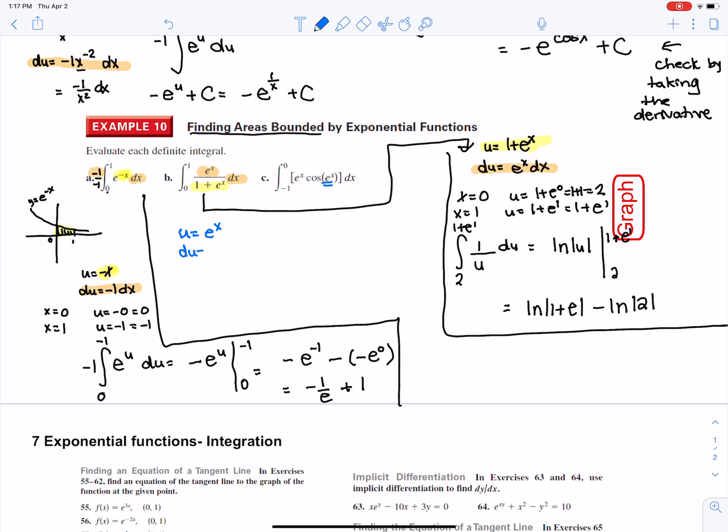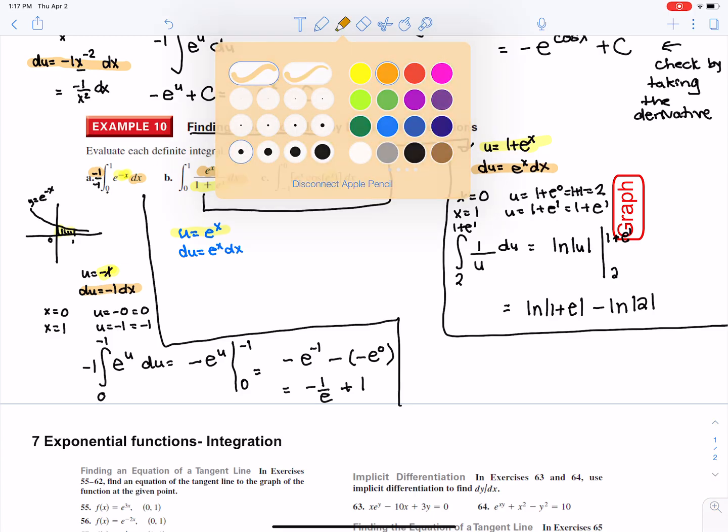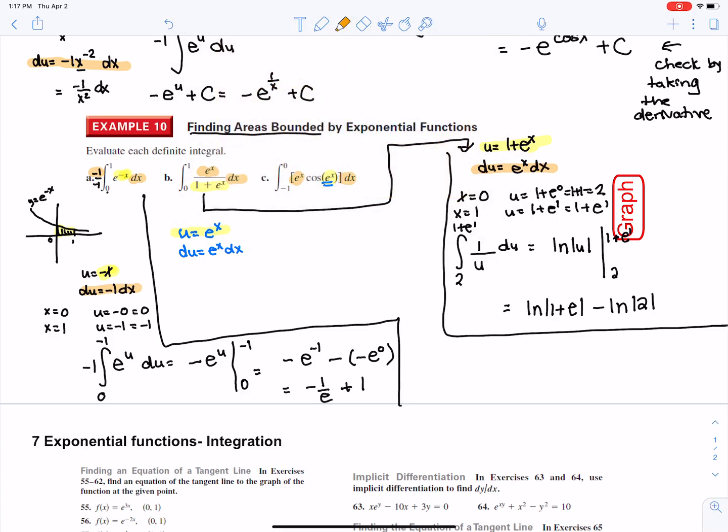The derivative becomes e to the x dx, sitting on the outer part of that function. So there's my u. And then my e to the x dx becomes my du step.